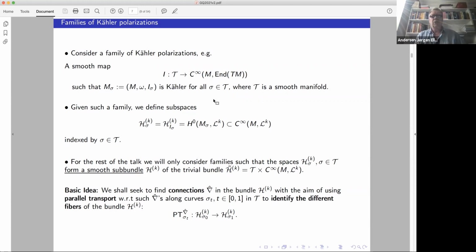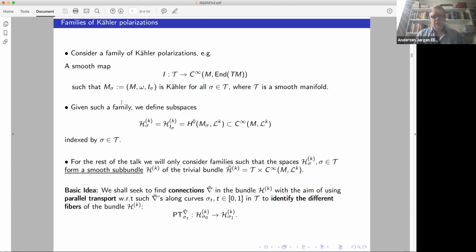So I'm going to look at a smooth map from some smooth manifold T into the vector space of smooth sections of endomorphisms of TM in such a way that for every point in T, which is called sigma, I sigma together with omega and M is a Kähler manifold.